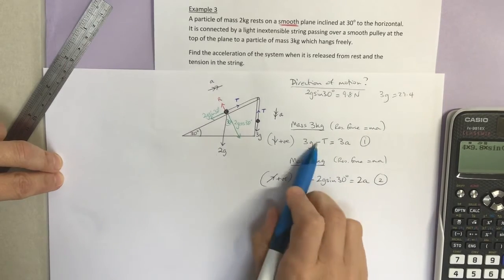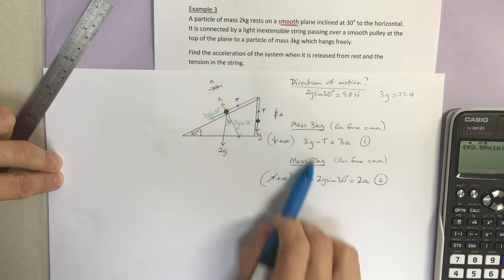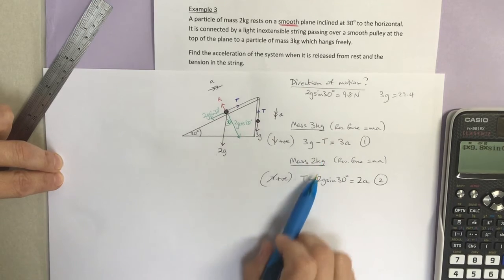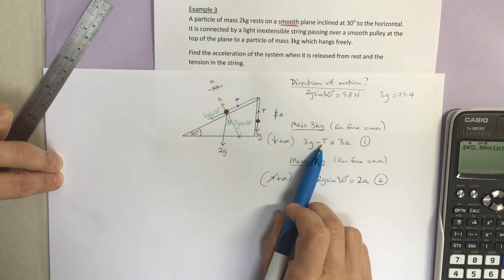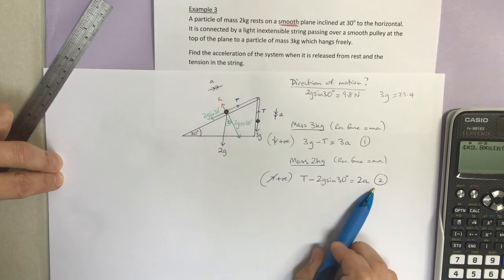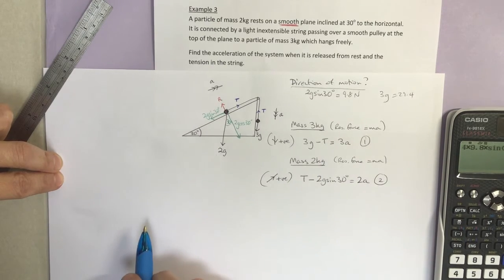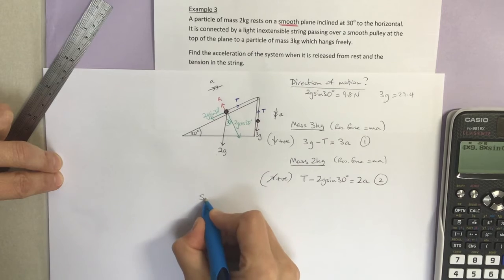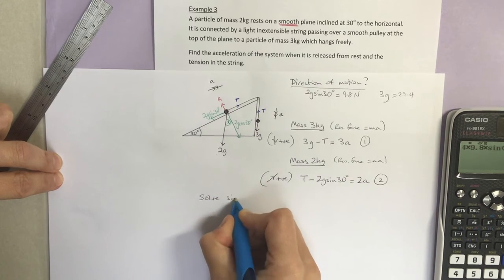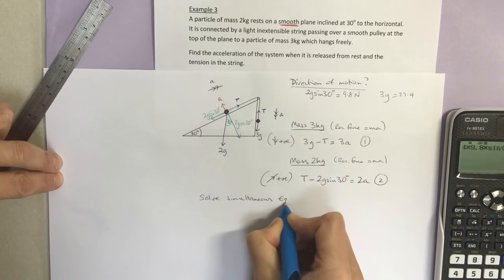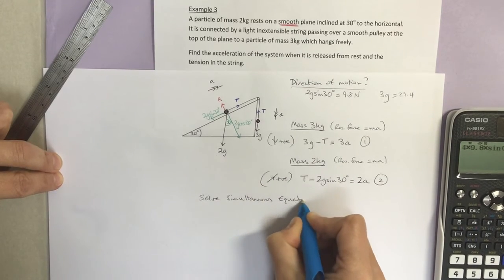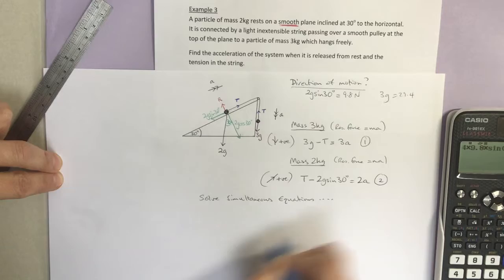I'm going to ask you to have a look at solving these then. So we could add these 2 equations together, or you get T as the subject here and substitute it in here, or get A as the subject. Doesn't really matter. I'd probably get T as the subject here, substitute it in, find out A, and then sub back in. So what I want you to do is to solve those simultaneous equations. Dot, dot, dot.